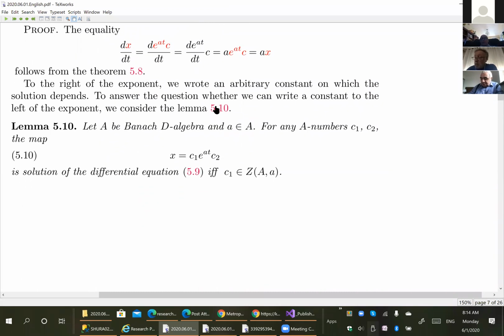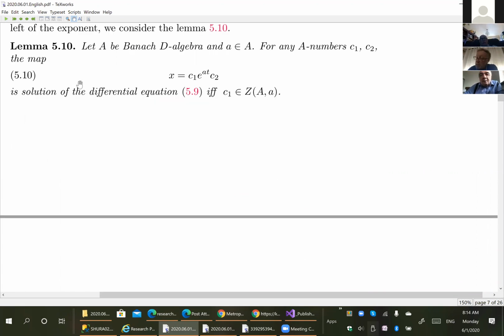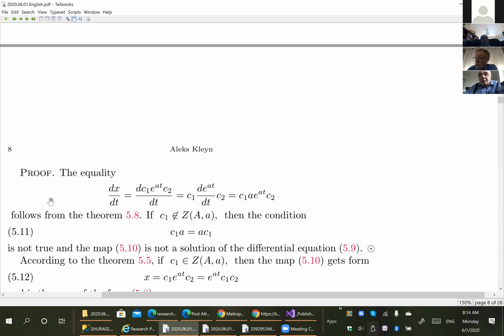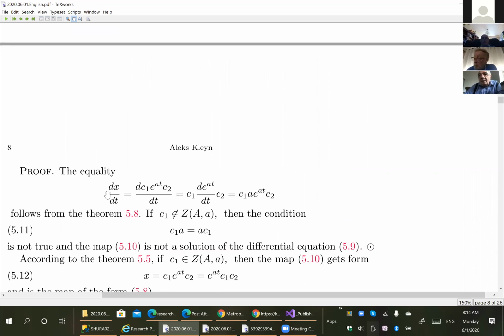For any numbers C1 and C2, the map C1 times exponent times C2 is a solution of the differential equation if and only if C1 commutes with A. It's easy to see that if I put this map into the differential equation, C1 and C2 can go outside of the derivative.